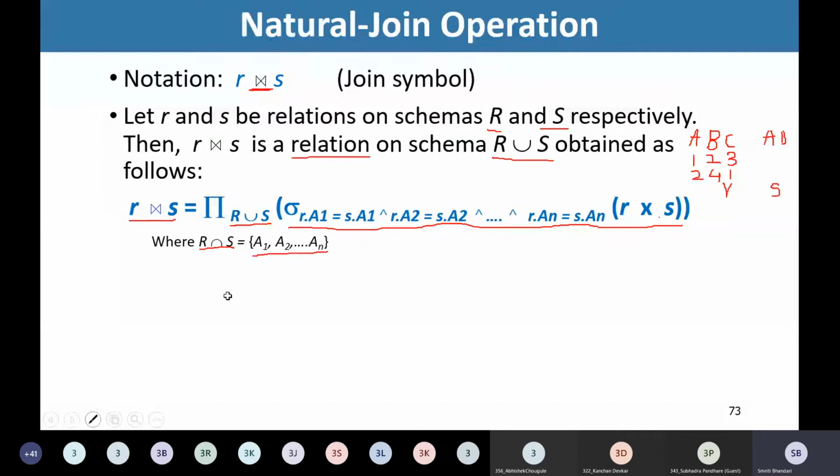So if we want to compute now the Cartesian product R cross S, compute the Cartesian product of these two relations. What are the attributes in our Cartesian product? Yes, anybody?